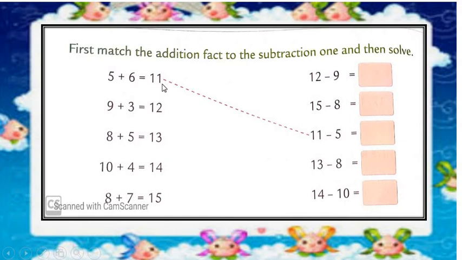Make sure that you leave one line after each. 8 plus 5 is equal to 13. 10 plus 4 is equal to 14. 8 plus 7 is equal to 15.